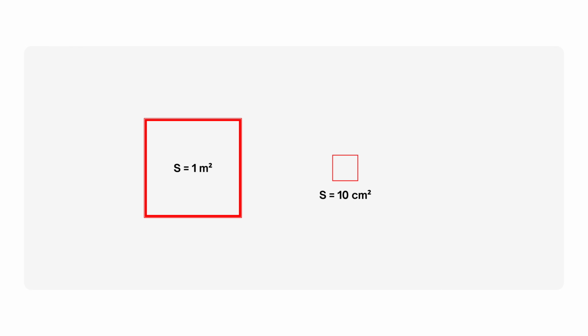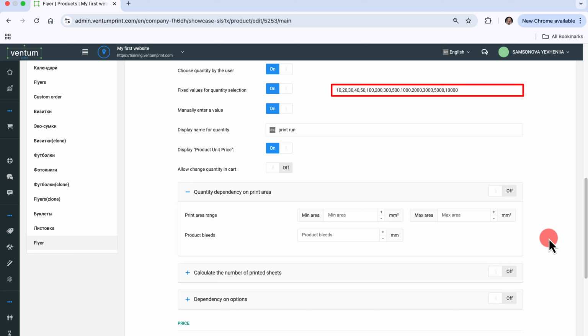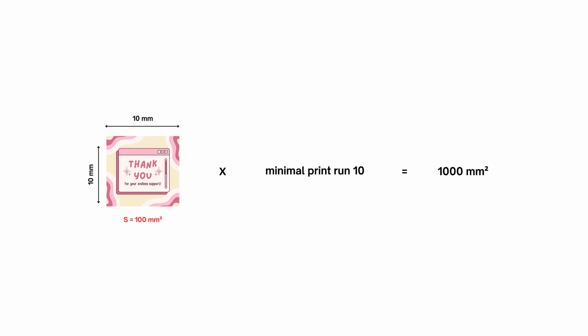In the quantity settings, we define the minimum print run value, for example from 10. In this case, orders with a lower quantity will not be accepted from the client. What happens if the minimum quantity of 10 sheets is set via the quantity selection slider, but the user wants to print a very small size, for example 10 by 10 millimeters?